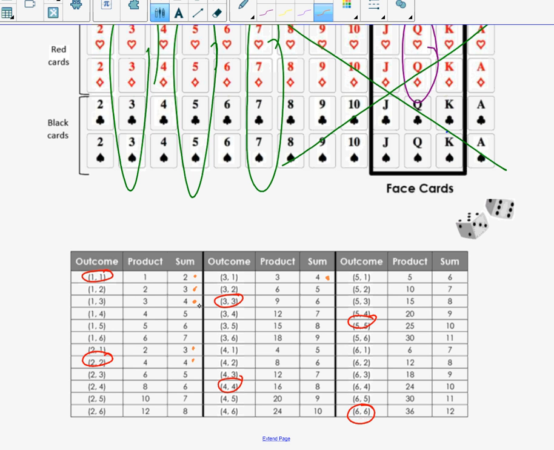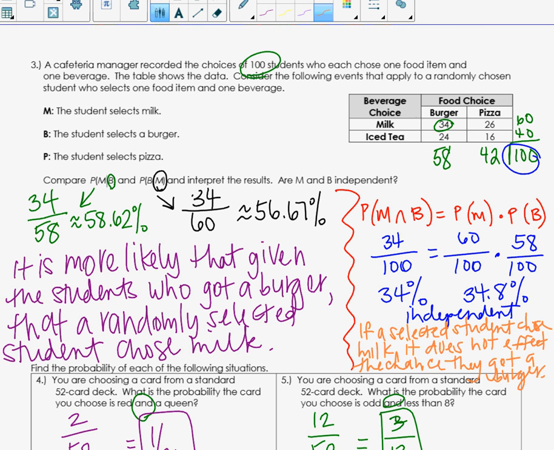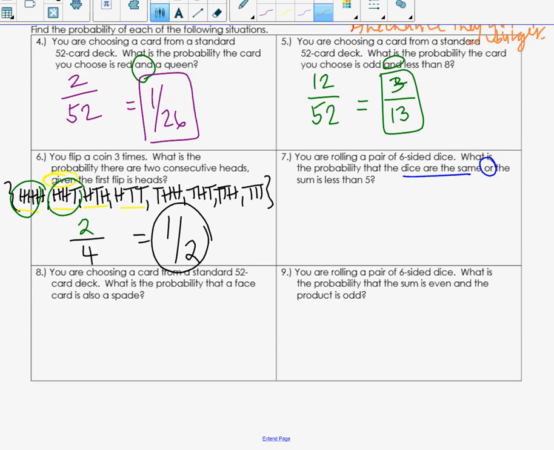So 1, 2, 3, 4, 5, 6, 7 for the doubles, 8, 9, 10. So our probability there is 10 out of 36 or 5 out of 18. Okay. Could you use the formula there? Completely. It'll still get you the right answer. It really doesn't matter how you look at it.